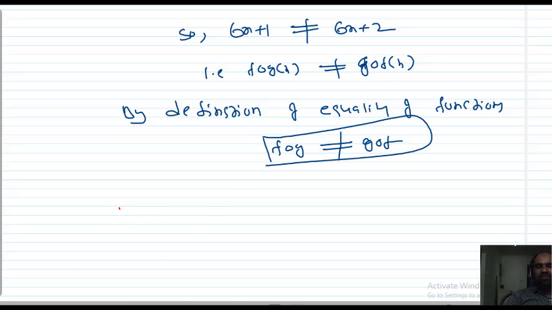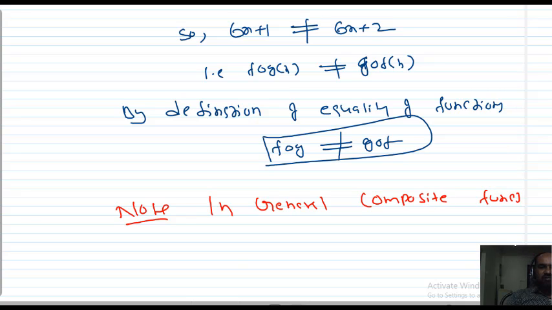Okay, in other words, as a note, in general, composite functions will not satisfy the commutative property.